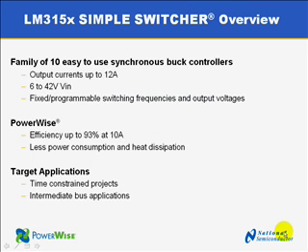The Simple Switcher controller family is a family of 10 products. Output currents can range up to 12 amps. The input range is from 6 volts minimum to 42 volts maximum. And we have available fixed and programmable versions. At 10 amps you can reach efficiencies up to 93%.